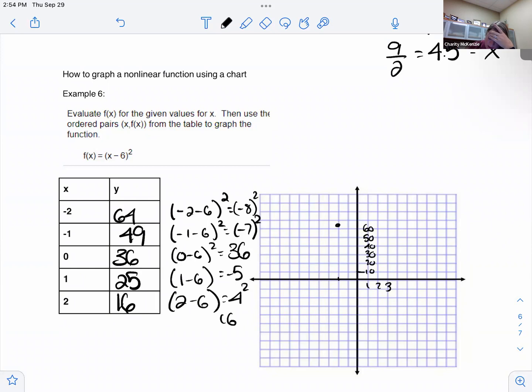And then -1, 49 is about there. 0, 36 is right about there. And then 125 is there. And then 216 is somewhere in here. And then we can't really see this graph. It totally looks like a line.